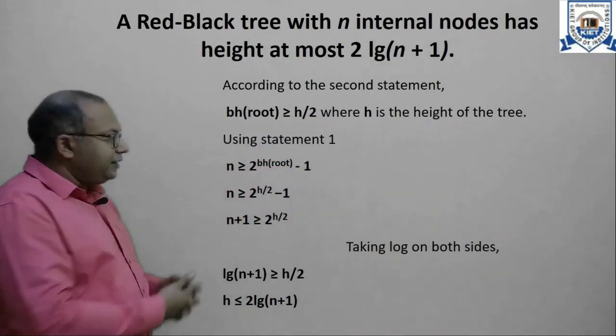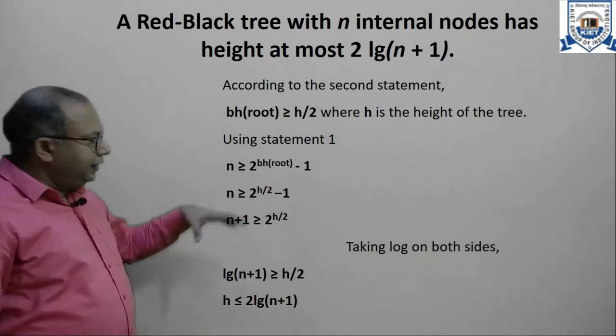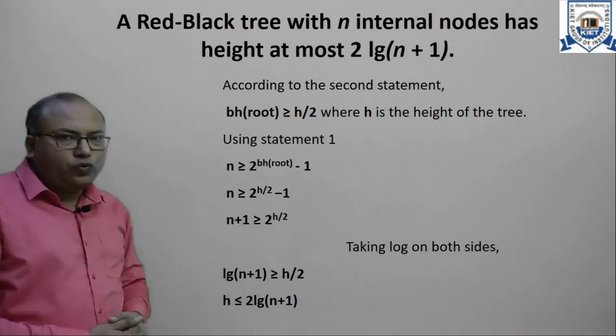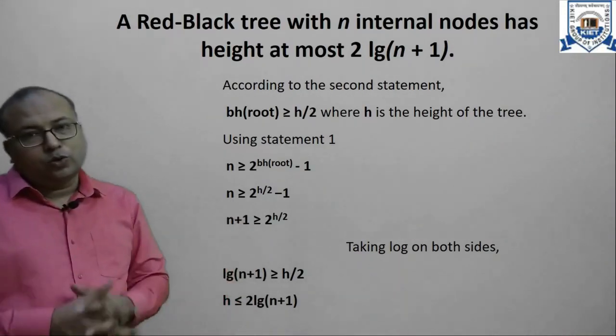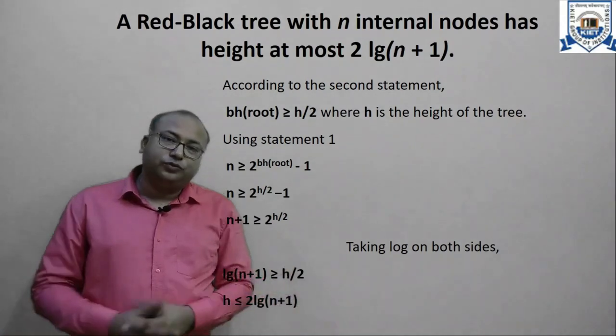By simplifying, taking 1 to the left hand side, then taking log of both sides, we can easily prove that h is less than or equal to 2 log n plus 1. And this is what we were trying to prove.